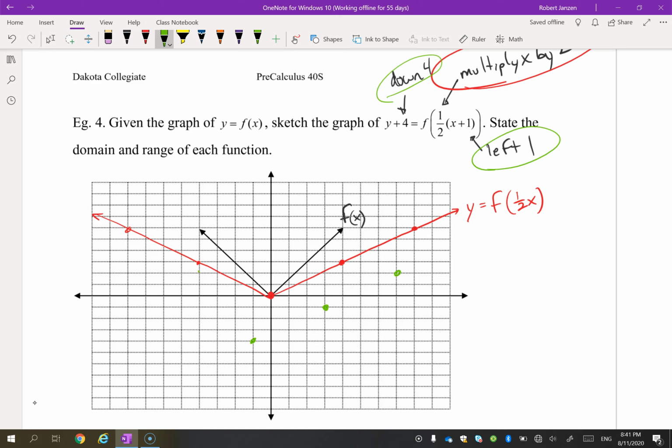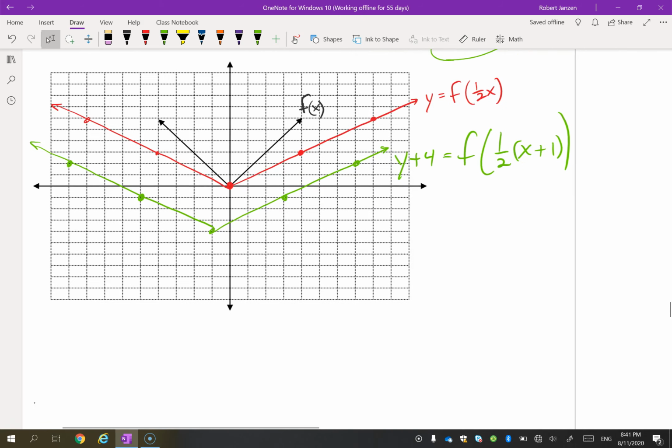I'm taking the individual points and I'm moving down 4 and over 1. Down 4 and over 1. Okay? My advice to you is to do it with points like that. And this is y plus 4, absolute value of f half x plus 1.